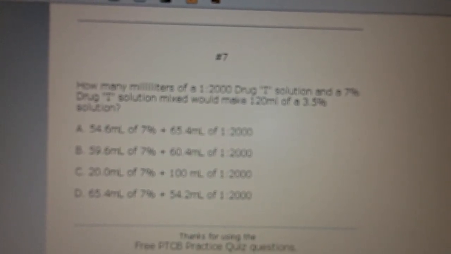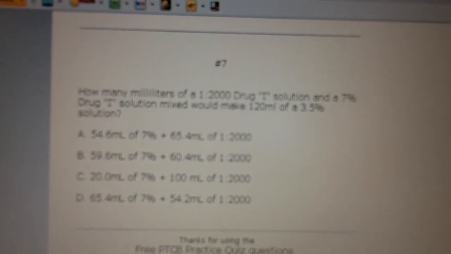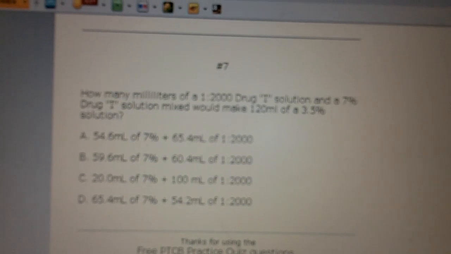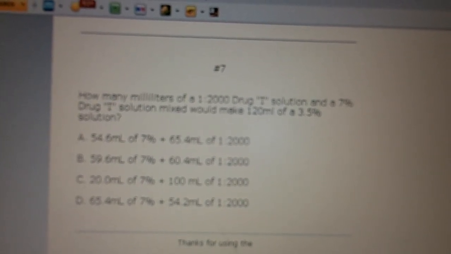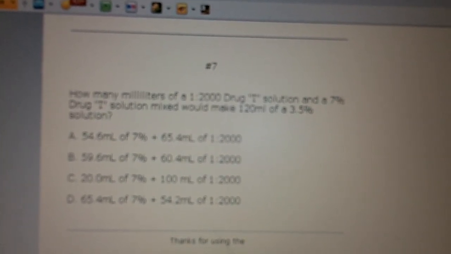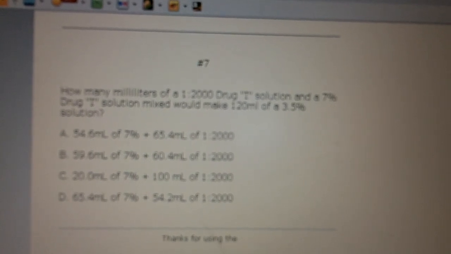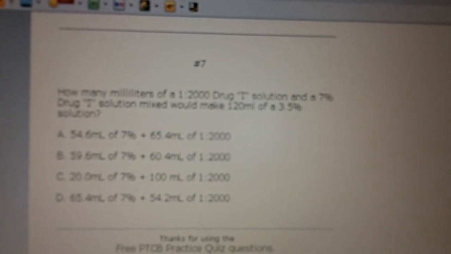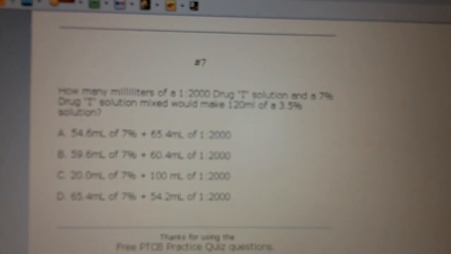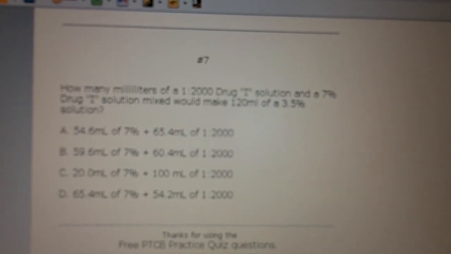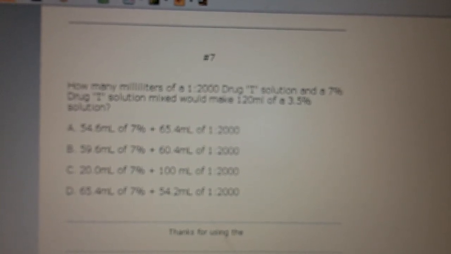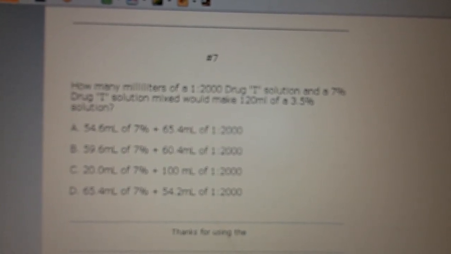Before we do that though, let's talk about the question a little bit more and about some strategy. The first strength of the drug eye solution is a 1 in 2000 solution, which, just for practical purposes of figuring out math problems for a quiz or a national exam, is almost just like 0.